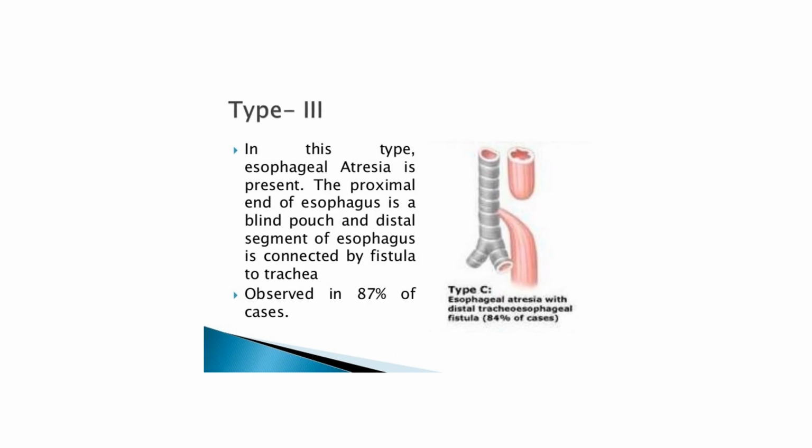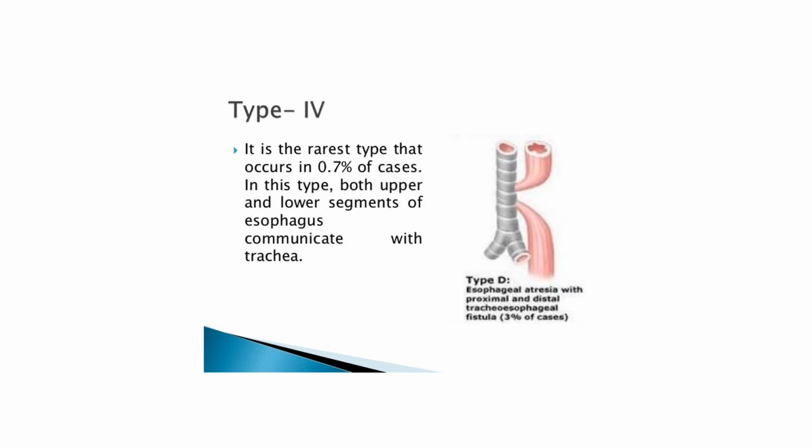Next is type 3. In type 3, you can see the distal end of the esophagus is abnormally connected with the trachea, while the proximal part of the esophagus is blind. In type 4, both the proximal as well as the distal ends of the esophagus are abnormally connected with the trachea.